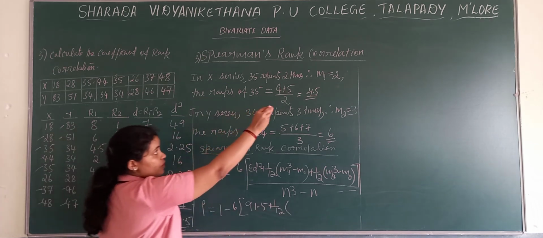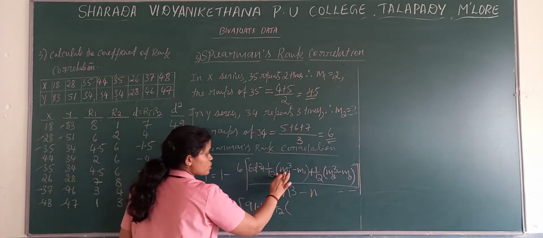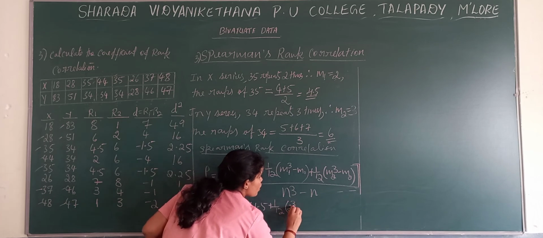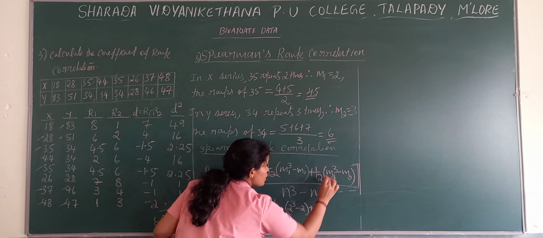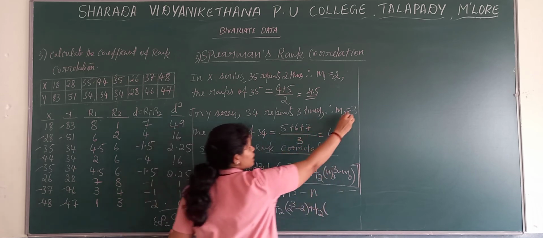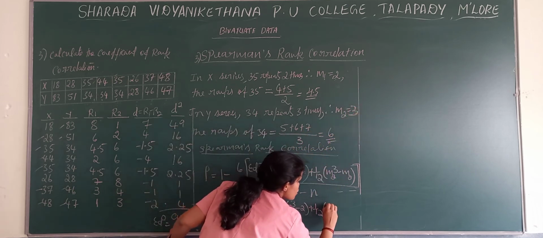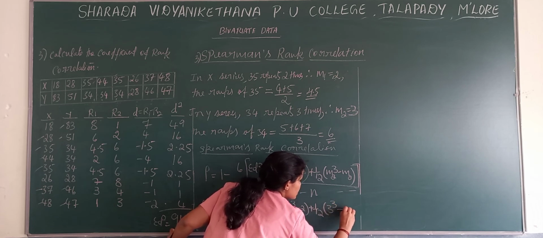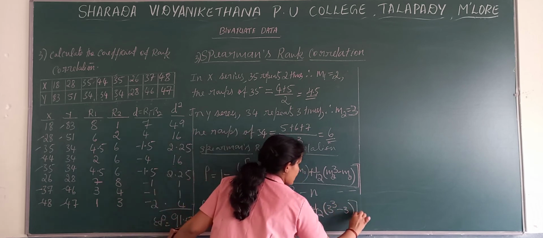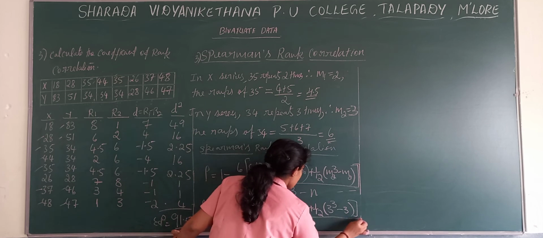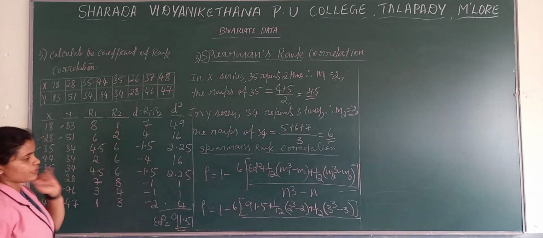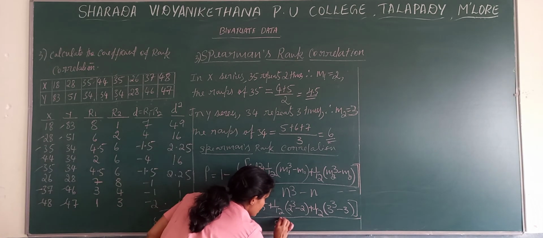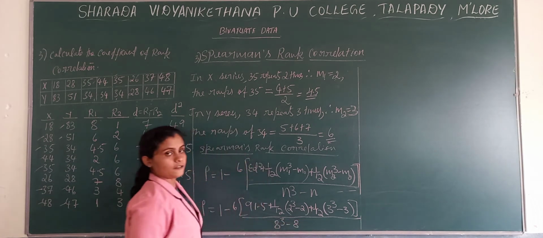The m1 value is 2, so 2 cube minus 2, plus 1 by 12. The m2 value is 3, so 3 cube minus 3, close the bracket, divided by n cube minus n. How many values? Here it is 8 values, so 8 cube minus 8.